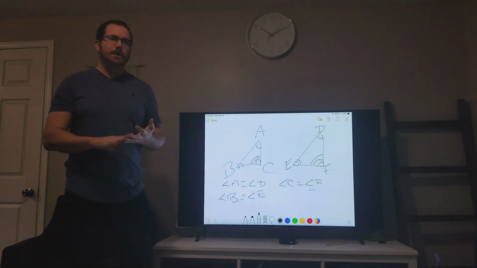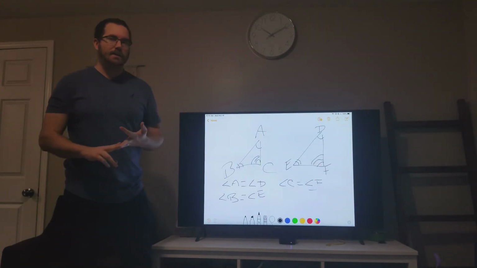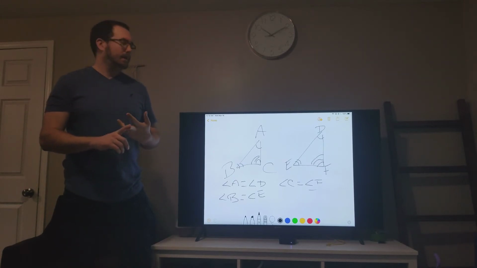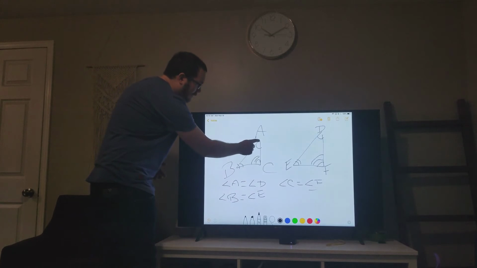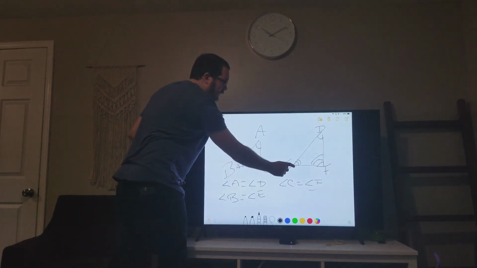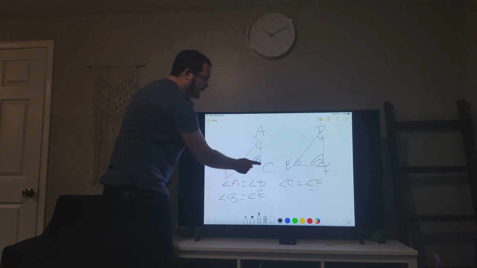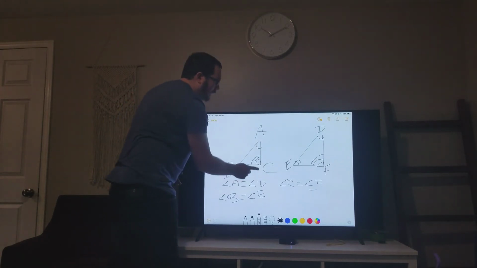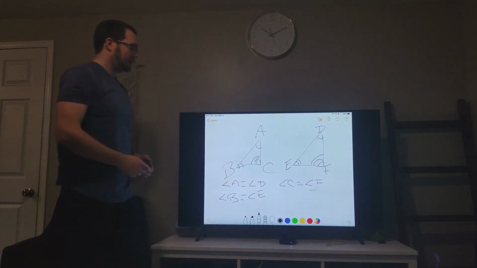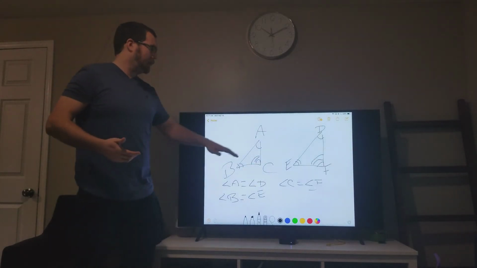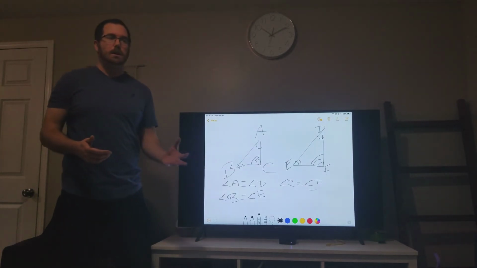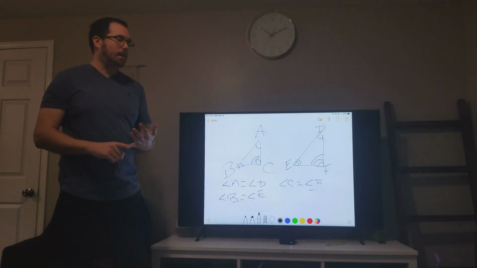The way to make sure that they are the same size is now to check the side lengths. Is this side length the same as this side length, whether BC is the same as EF, and whether CA is the same as FD. And again, just like with our angles, we can do that using special symbols, or we can do that using actual numbers.